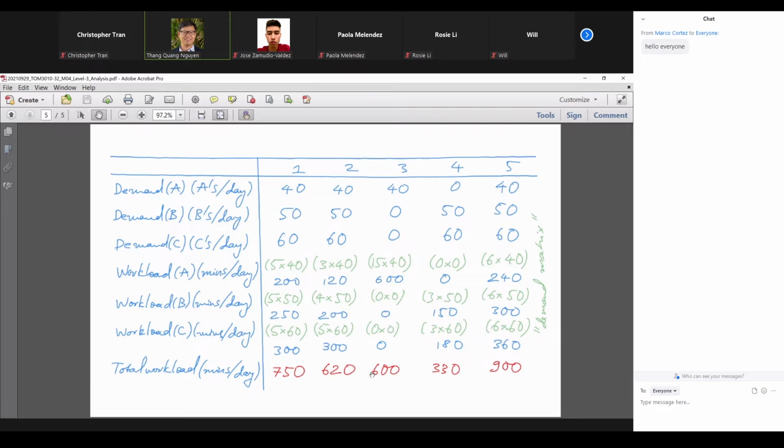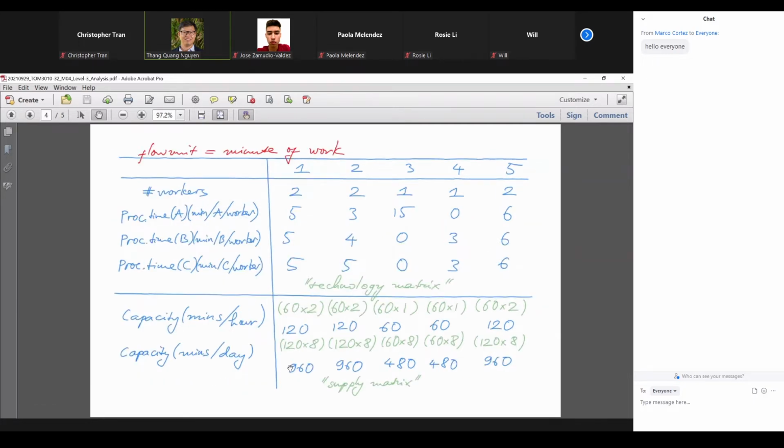And then that's station 2, 3, 4, and 5, right? So that's what we had last time. Earlier we calculated the capacity, the supply, how much work the workers can provide, right?